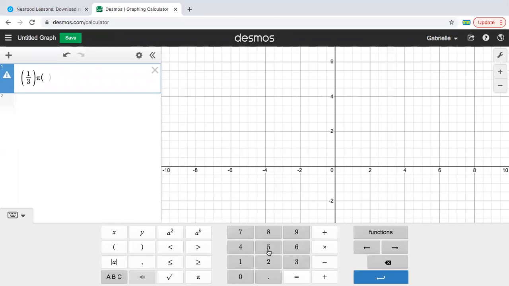Parenthesis. Well, the radius was 5, right? 5 squared. The square button is at a to the power of 2, squared. Close the parenthesis. And then I like to put parentheses, but you don't have to, with the 8.